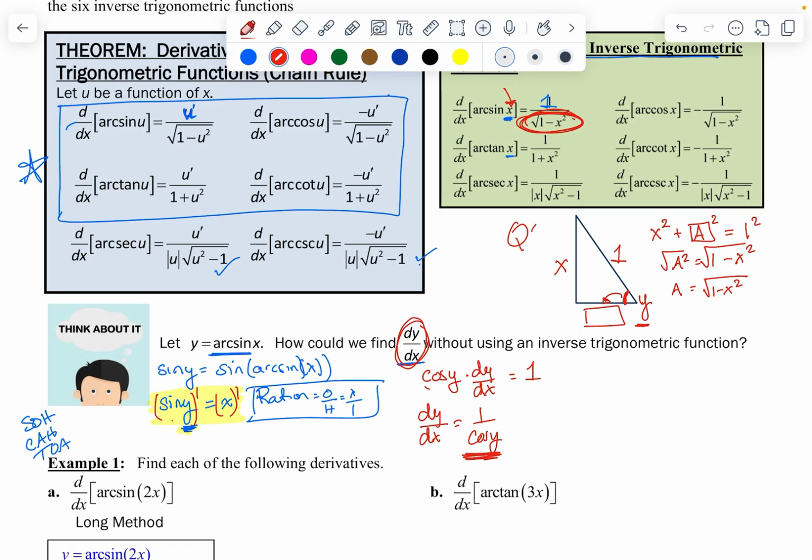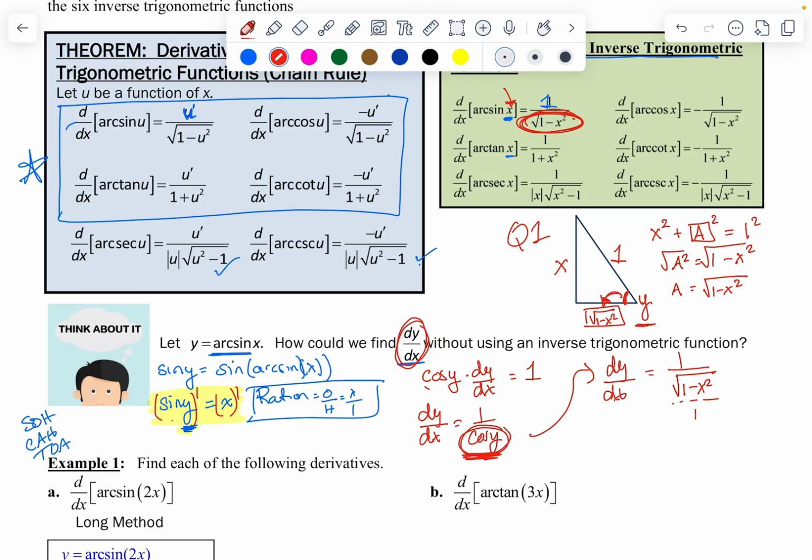Now we're going to stick to quadrant 1 on this. I know it doesn't look like it's in quadrant 1. That's why in class I said let's flip it. So that means this side right here is equivalent to the square root of 1 minus x squared. So now when I ask you what is cosine of y using this triangle, well, cosine of y is the adjacent leg, which is the square root of 1 minus x squared, over the hypotenuse, so over 1.